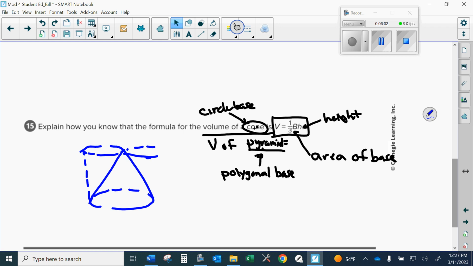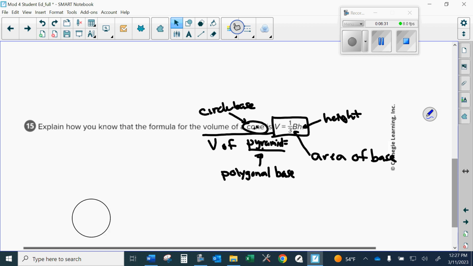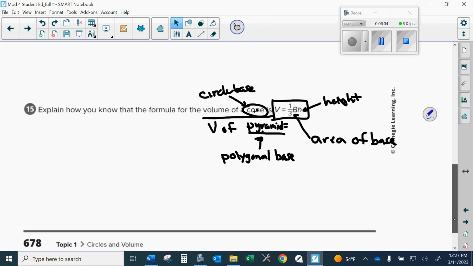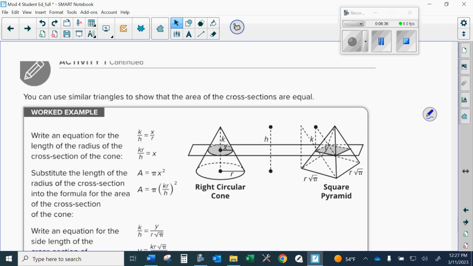So if I drew it accurately, you'd have 3 total cones that would make the area of the base times the height, or prism, or cylinder. So 3 cones can fit inside this cylinder. Remember, the volume of a cylinder is area of the base times the height. So it's 1/3. You get 3 of those in a cylinder. Let's go to the next.